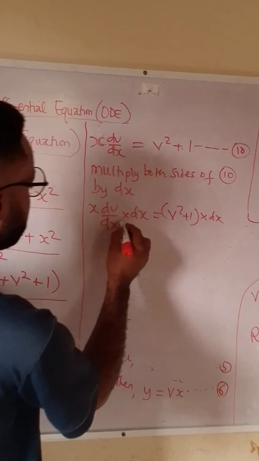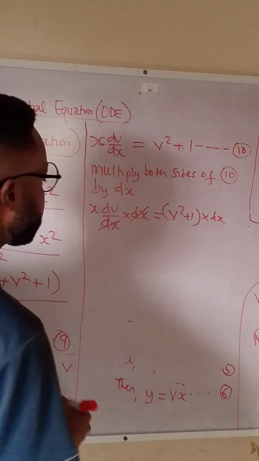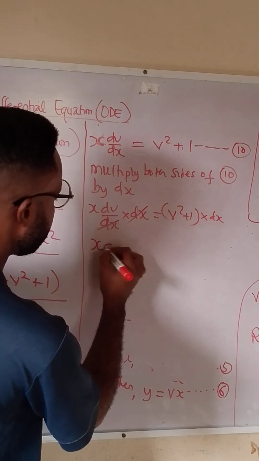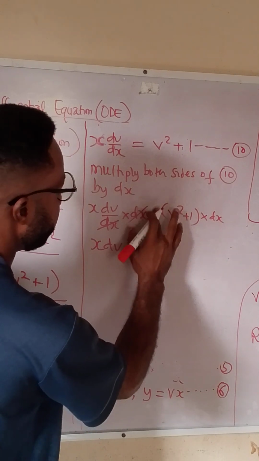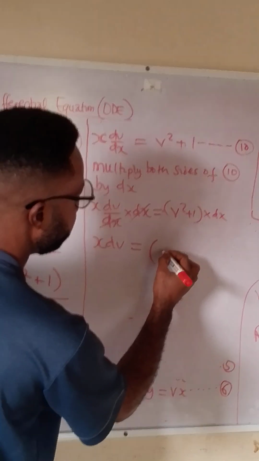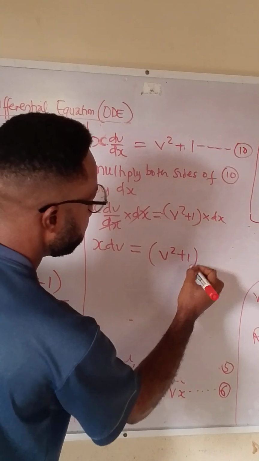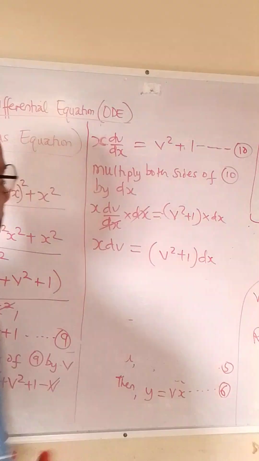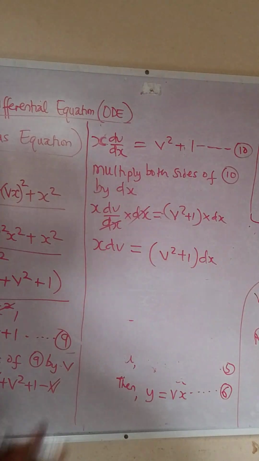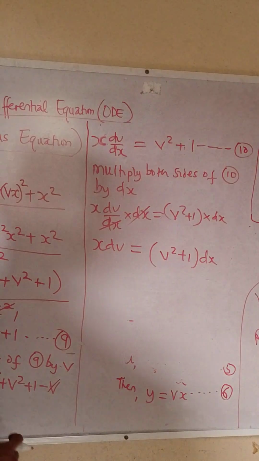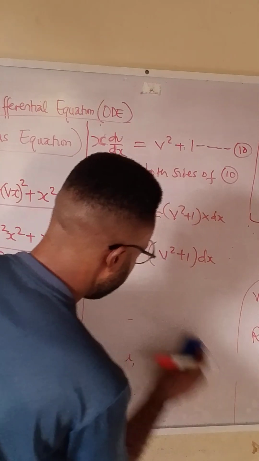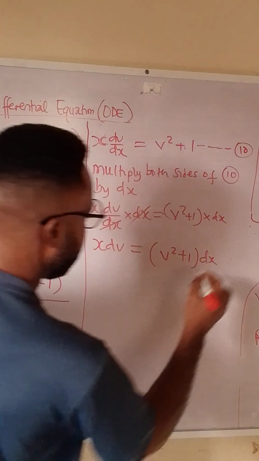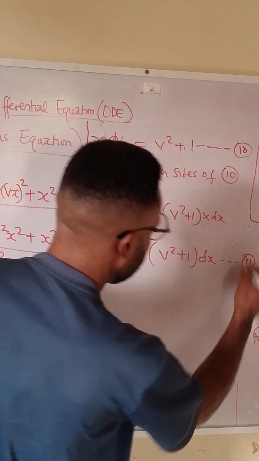And so this will cancel out, so we'll be left with x dv equal to, from the right hand side, v squared plus 1 dx. So it's the same thing as v squared plus 1 times dx, so we keep it that way. And so the next thing is for us to move this x to the right hand side again. So let's call this equation 11.